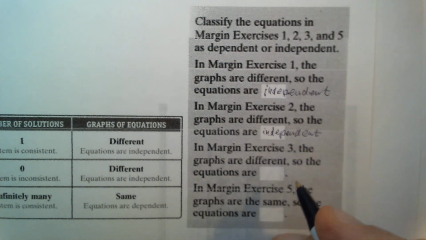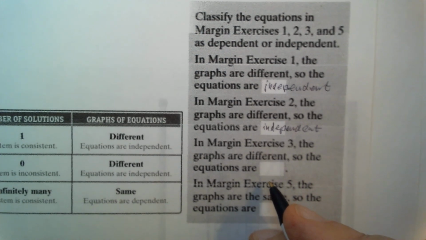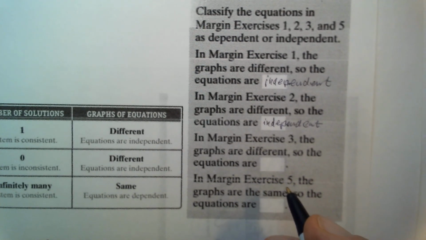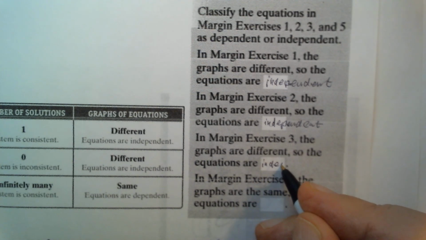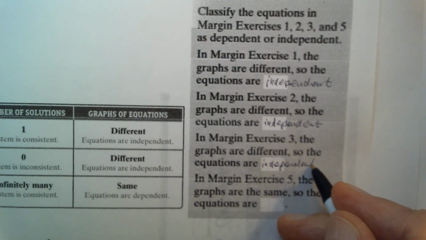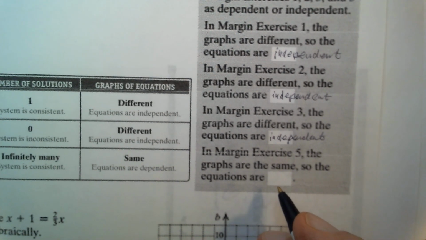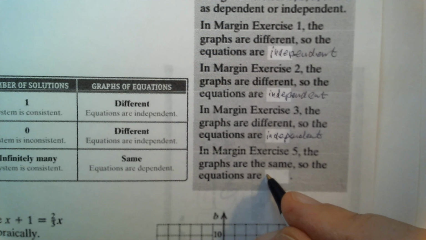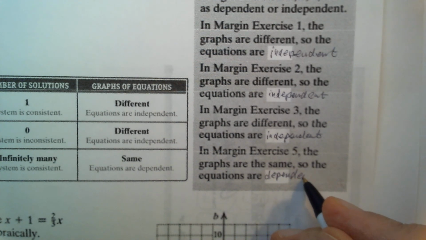If you go back, and then exercise number 3, the graphs are different, so the equations are independent. And then the last one, number 5, where the two graphs were the same actually, so the equations are dependent. And I showed you they were dependent on each other by a factor of -3.